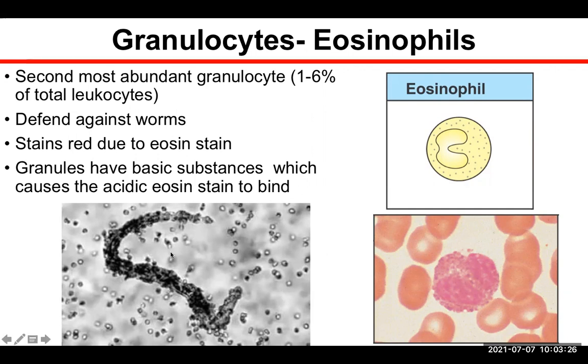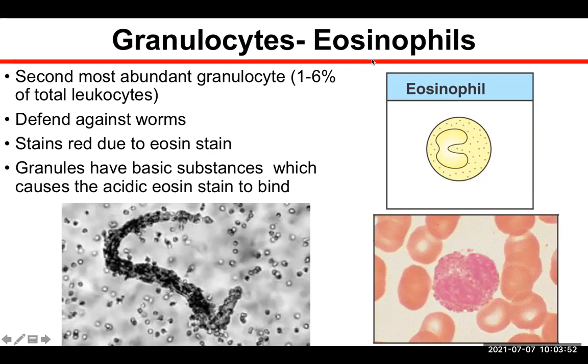I won't quiz you guys on this, but just to highlight why they look the way they do. So eosinophils get their name from when scientists were basically taking blood samples and staining immune cells to see what were present. There's a stain called hematoxylin and eosin that is used to help identify and stain cells.